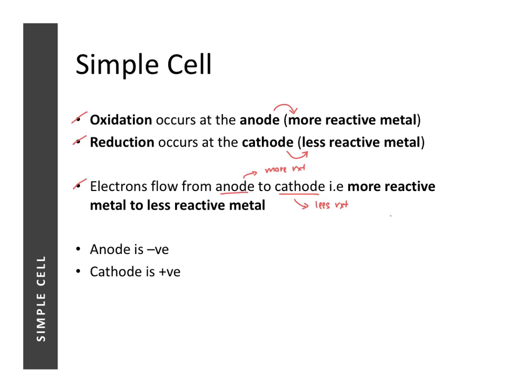In a simple cell, your anode is negatively charged and your cathode is positively charged. Whereas for an electrolytic cell, your anode is positively charged and your cathode is negatively charged. That is the only difference between a simple cell and an electrolytic cell.